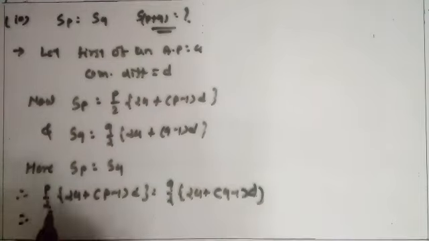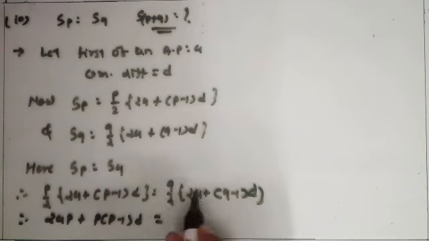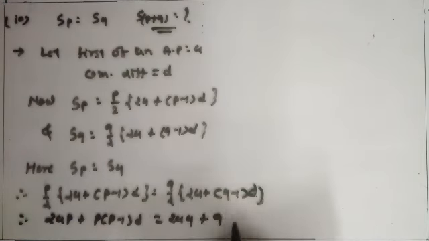The 2 from both sides cancels. Taking P inside, we get 2AP plus P into P minus 1 into D is equal to, taking Q inside, 2AQ plus Q into Q minus 1 into D.